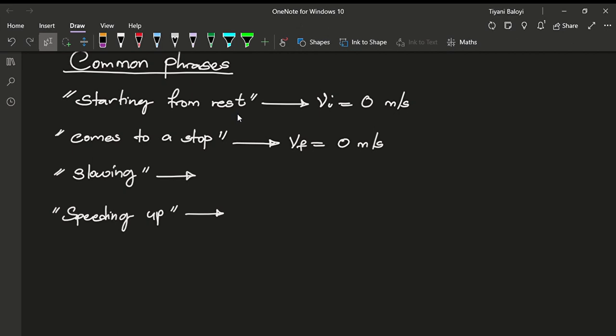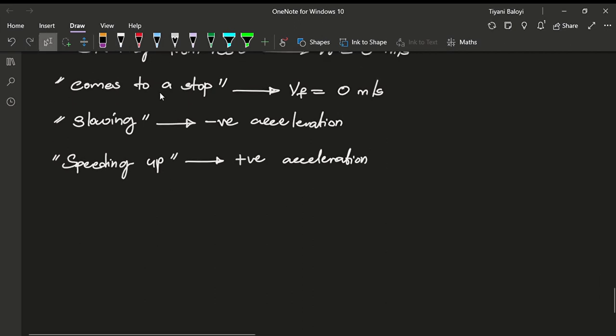Slowing down means you have a negative acceleration. Speeding up means you have a positive acceleration. We can also look at this one, where you have constant velocity.